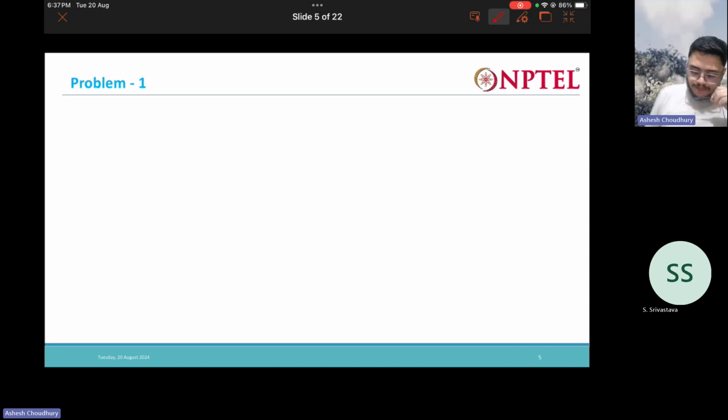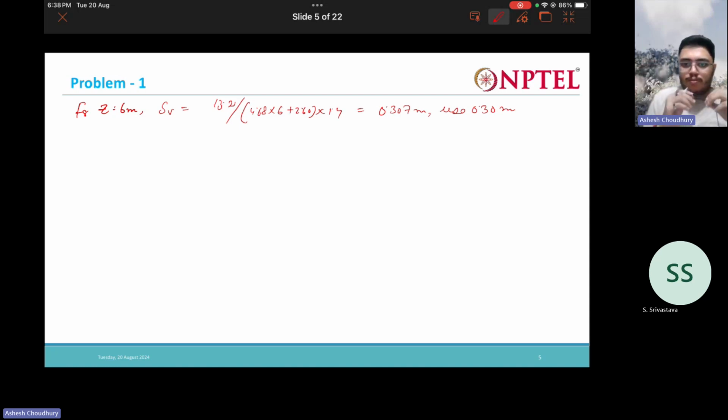So let us see for z equal to 6 meter what SV we get. 13.2 divided by 4.68 times 6 times 2.60 times 0.4. If you do this, you will get SV as 0.307 meter, so we can use 0.30 meter. So for the bottommost layer of reinforcement, we can use 0.3 meter spacing.